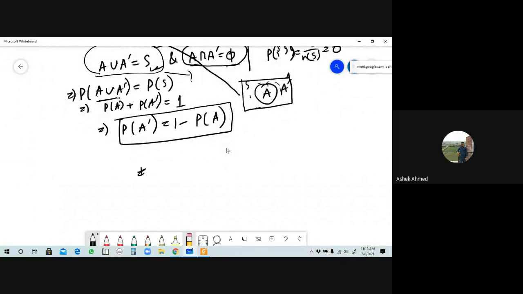Now we have to find out probability of A complement intersection B. That will be probability of B minus probability of A intersection B. But you have to remember that we do not give any proof in your question, but for solving problems you have to use these formulas. Understand? You have to use these formulas to solve problems, but proofs will not be given in the question.